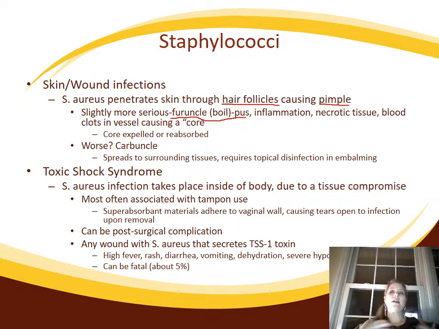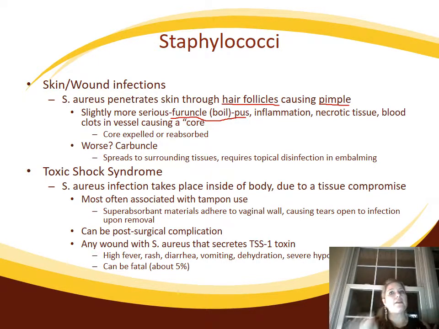And what happens there is that the tissue becomes extremely inflamed, it becomes full of pus, there's some necrotic tissue in there, and the blood vessels that actually feed that particular area start to clot, and they form what is called the core, which is a hard core inside of that pimple.